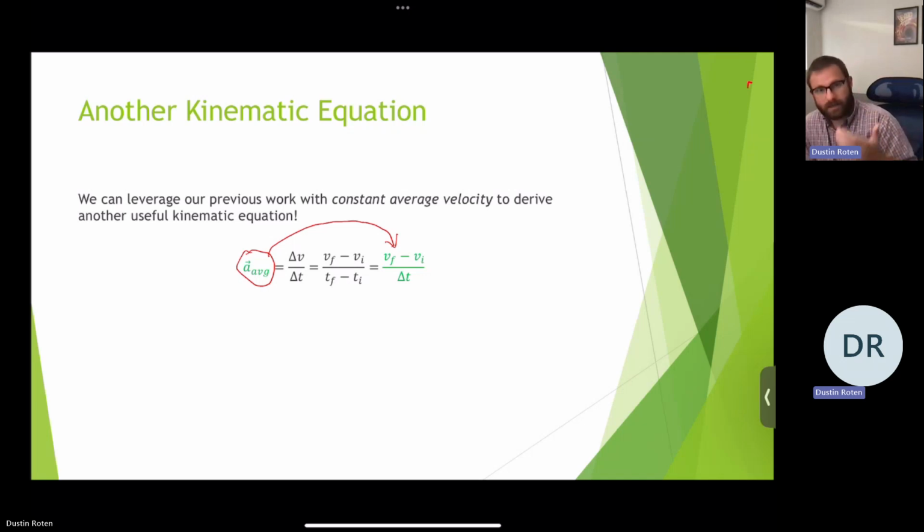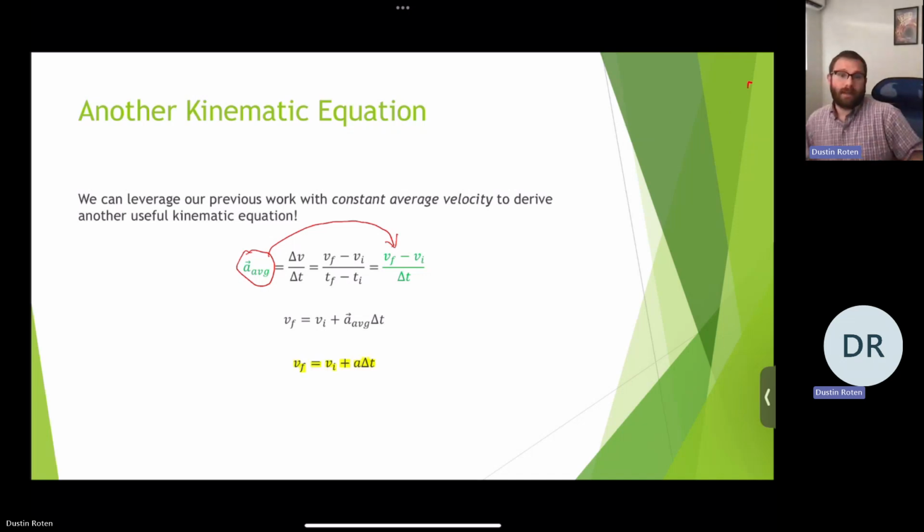Okay, well, that's our rate. And if we sort of ignore these intermediate steps that we all know is just the slope equation, all we can do is just set the left-hand side and the right-hand side equal to each other and solve for the final velocity. We can simplify this since the average acceleration, we know that's constant now because we're dealing with constant acceleration.